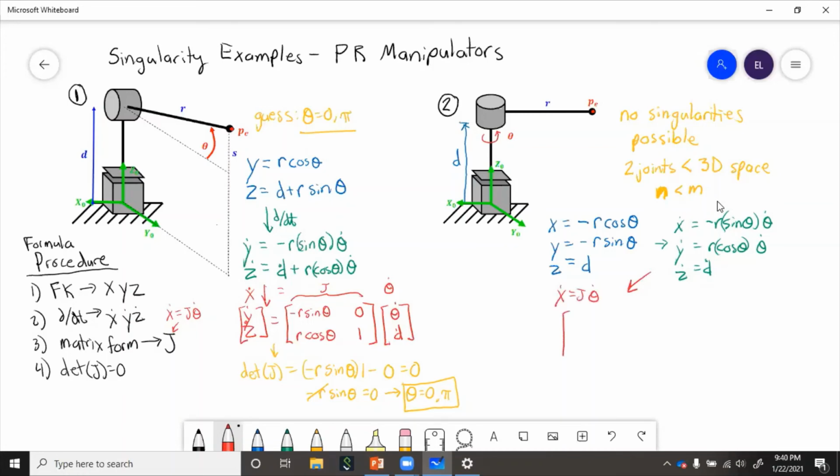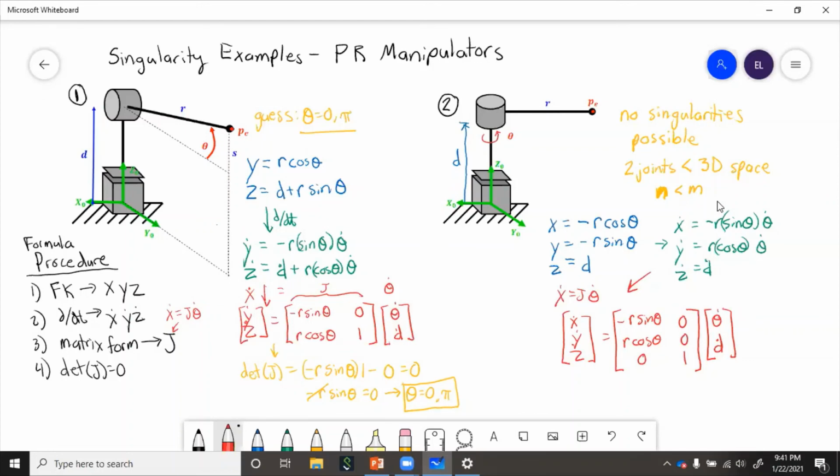So we'll have here x dot, y dot, z dot equals something times theta dot, d dot. So the coefficients here, minus r sine theta, 0, r cos theta, 0, 0, 1.